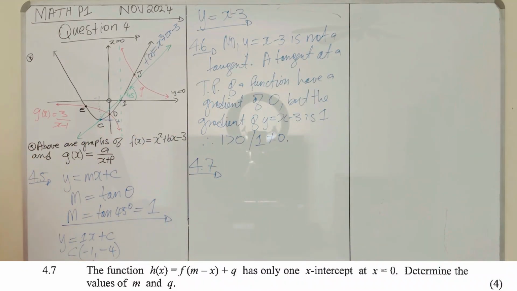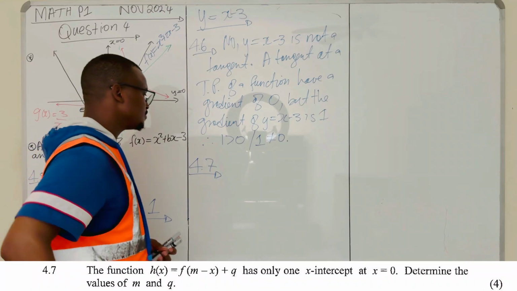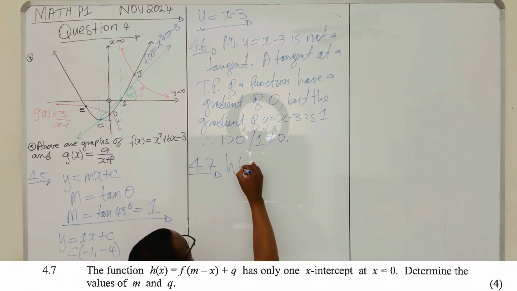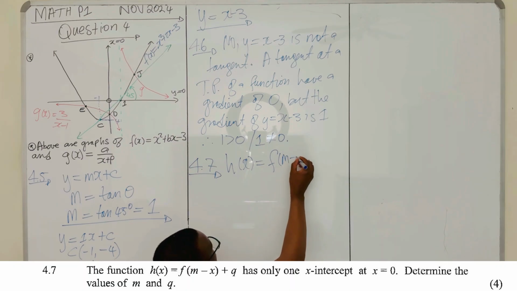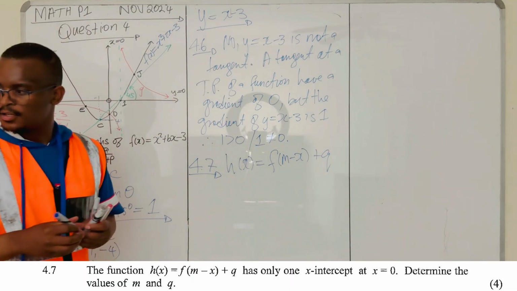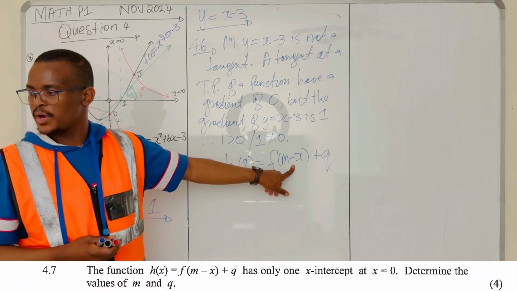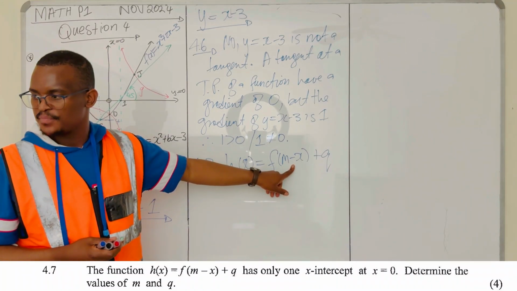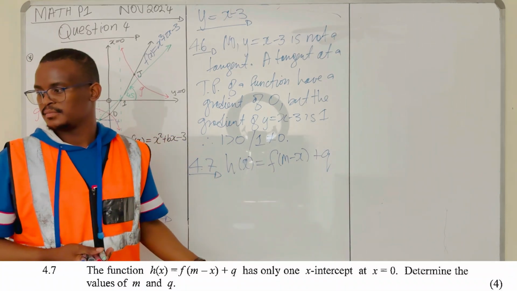Let me just write this function. So this function of ours is h of x. Are you with me? Defined by f at m minus x plus q. That means this function is obtained by transforming f this way and that way.